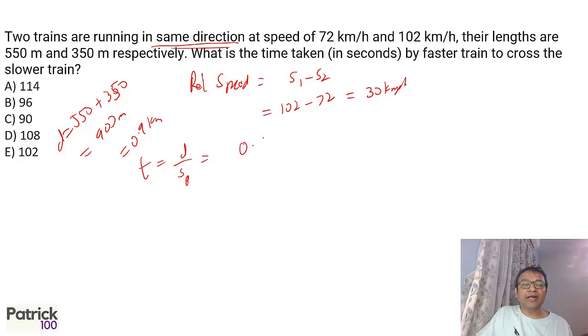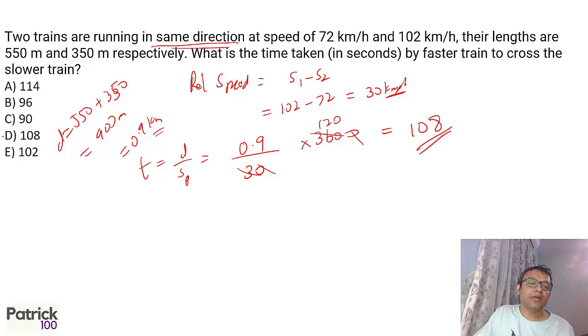So I used everything in kilometers and kilometers per hour. 0.9 upon 30 gives time in hours. To convert to seconds, you multiply by 3600, and you get 120 into 0.9, which is 108 seconds. D option.